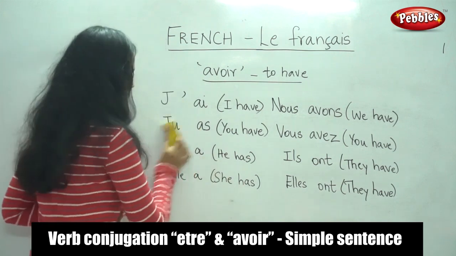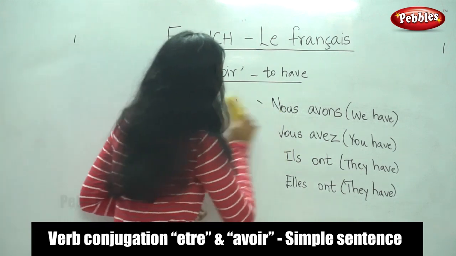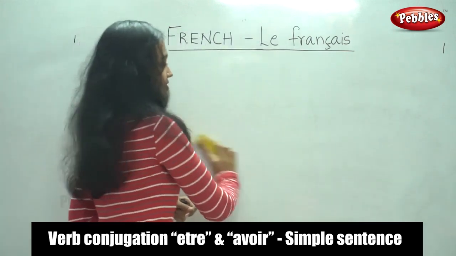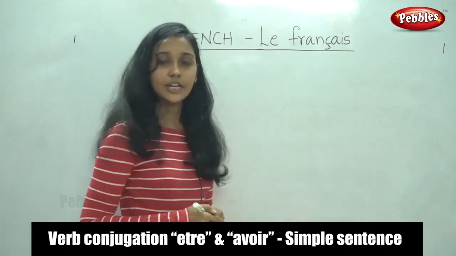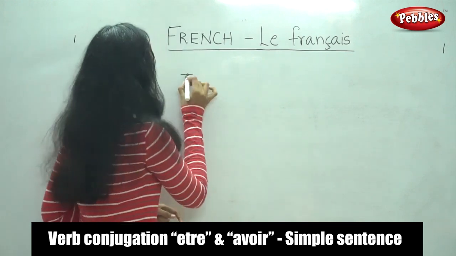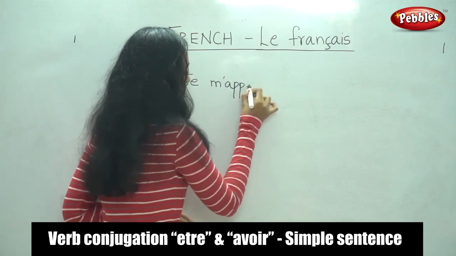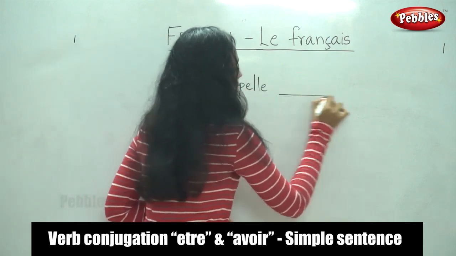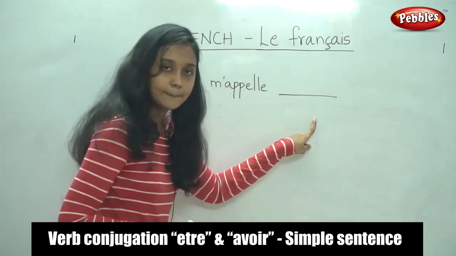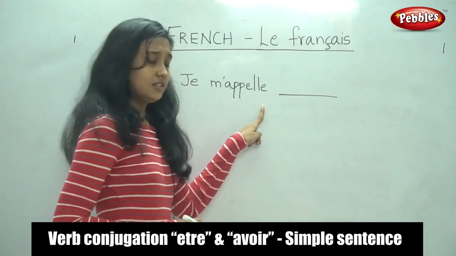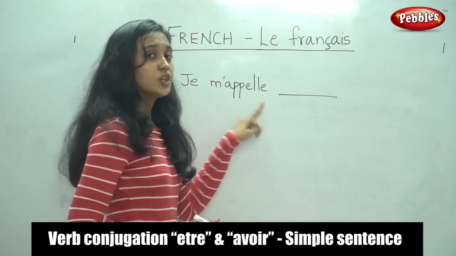Now, using this expression. So we are learning to present ourselves. I told you how to say your name. What would you say? You would say, je m'appelle, and you would say your name, right? So using the etre verb, I told you how to say you are a student.